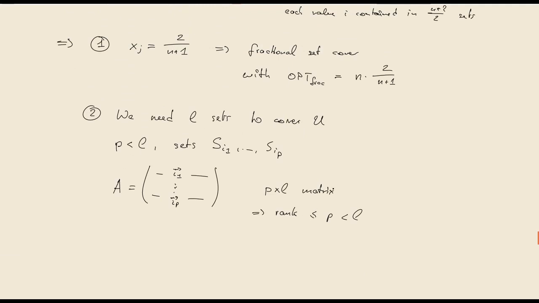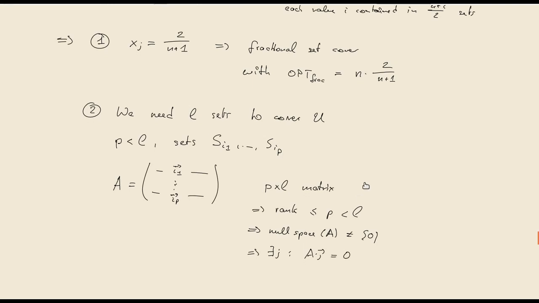That means that these vector spaces have the full dimension. So the null space of A is thus not just the 0 vector, but there is another number j, so that A j vector is 0, which is just the definition of the null space.